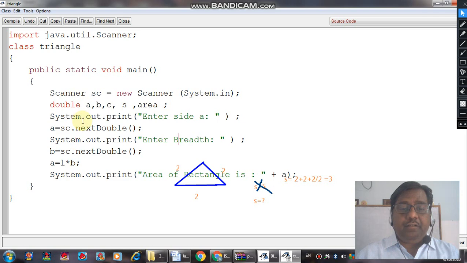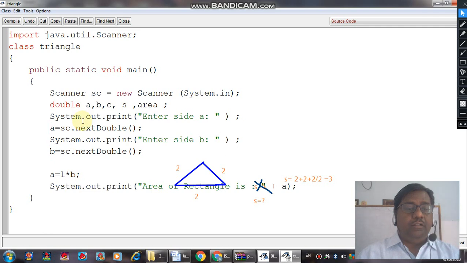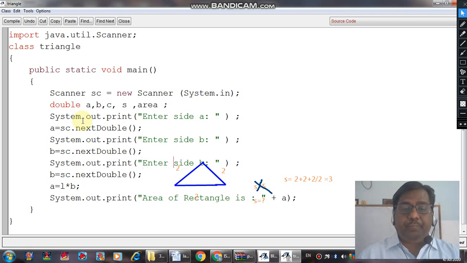Then you will enter side B, in the variable b. Now you will enter side C, so the message will be flashed as enter side C. In which variable will you take the value? In c.